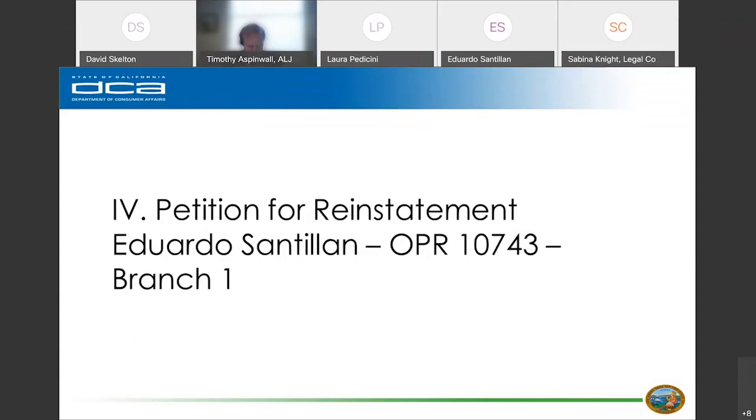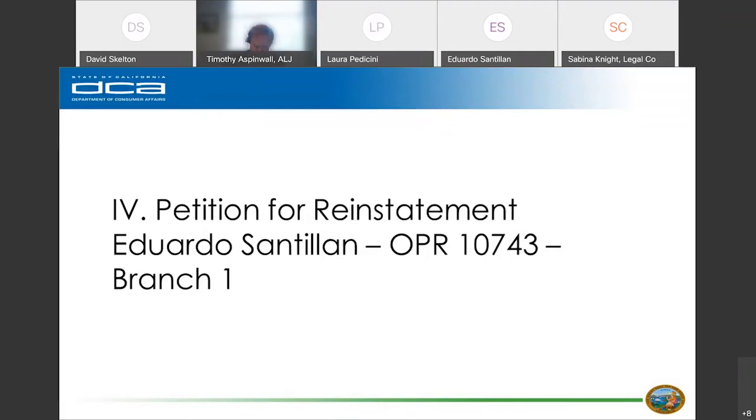The March 24th, 2018 letter and decision and order, the stipulated settlement and disciplinary order, revocation of license, the petition to revoke probation in case number 2012-7, operator's license number OPR 10743, and then the certified license history, which encompasses operator's license number OPR 10743, field representative's license number FR 16333, and company registration certificate number 5604.